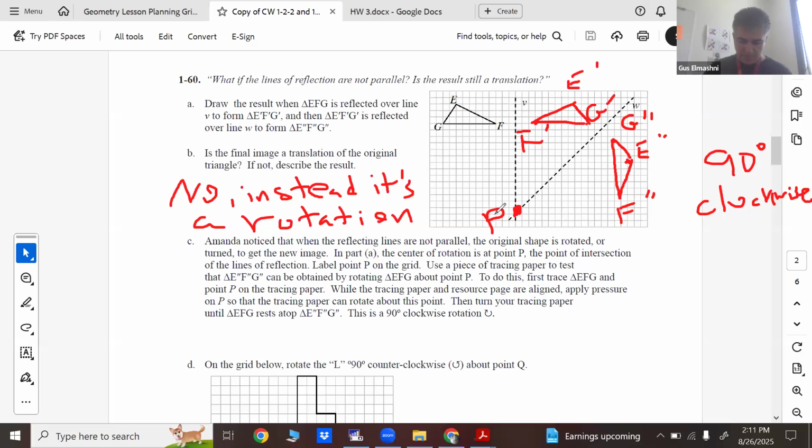Use a piece of tracing paper to test that E prime, F prime, and G prime can be attained by rotating E, F, and G about point P. To do this, let's trace E, F, G, and point P on the tracing paper. Then from the tracing paper onto the EFG, last on top. This is going to be the quantified rotation.